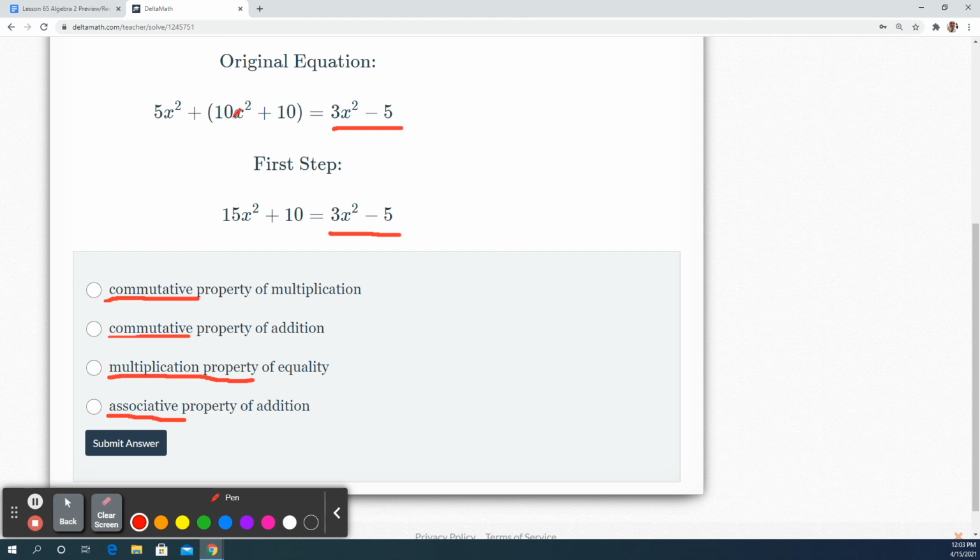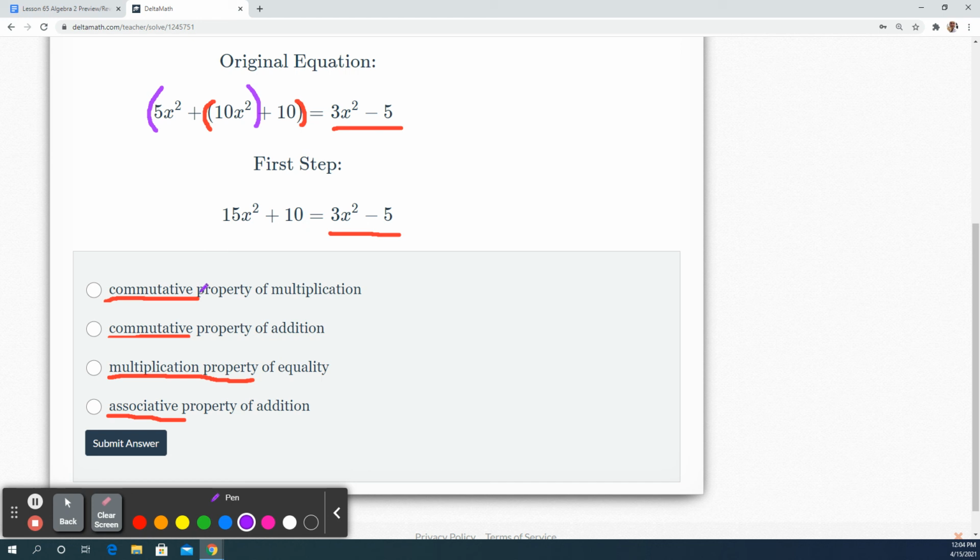All right, and here's what happened. Notice that we have a grouping symbol here. So we should have done this first, but instead, switch colors, they went ahead and did this first. So it's a redistribution of the grouping symbol is basically what happened. So associative property of addition. We grouped it different. We associated it different. In addition, it didn't commute.